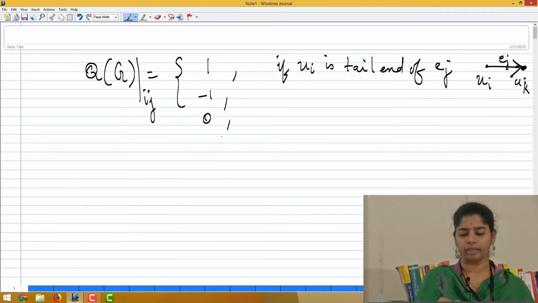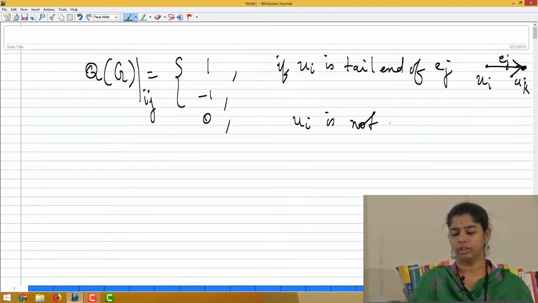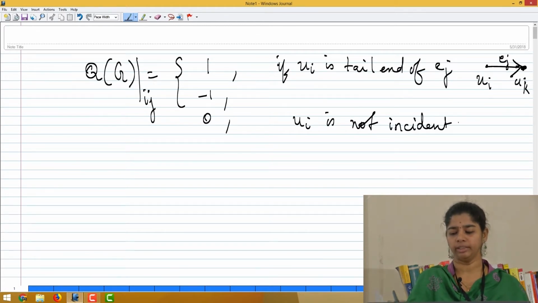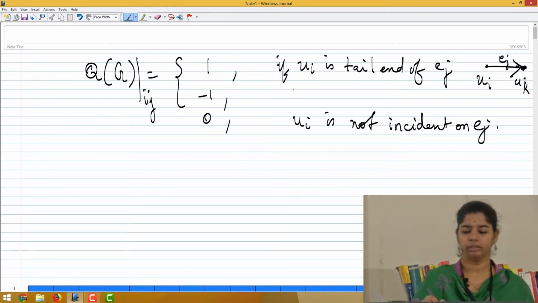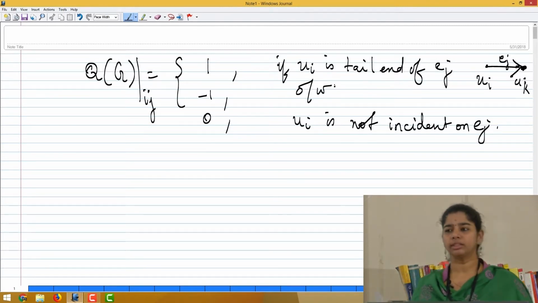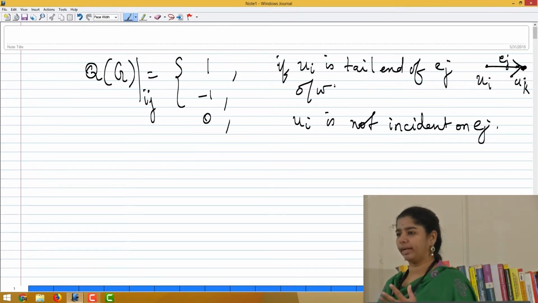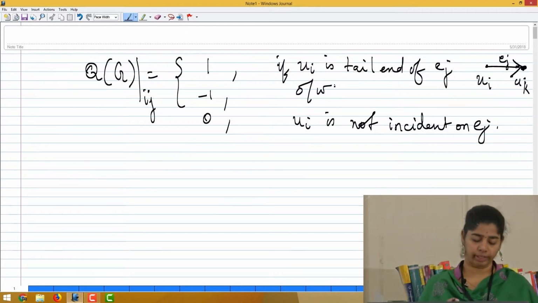And if ui is not incident on ej at any end, then the entry would be 0, and this would be otherwise. So this is the definition that we have seen with respect to directed graphs.